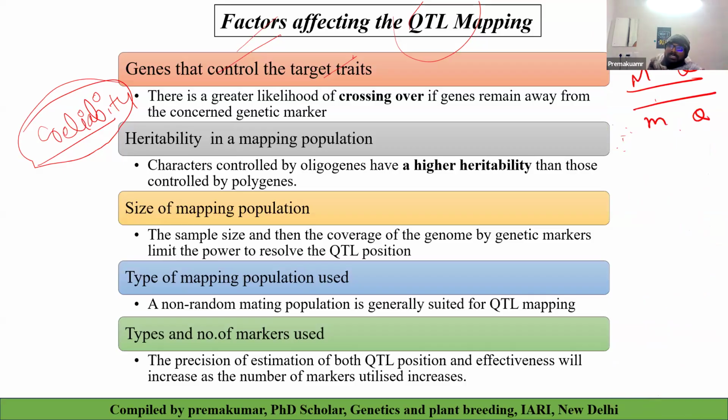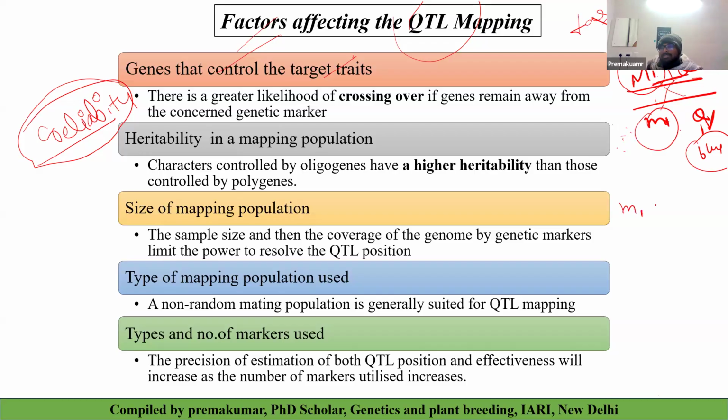Capital Q gives a red color flower, and there are marker 1 and marker 2, say marker small m. And small q will give a blue color flower. But you are saying when there is a capital M1, there will be a red color flower, and with small m1, there will be a blue color flower. But if the marker and QTL are far apart, there will be a chance of recombination.